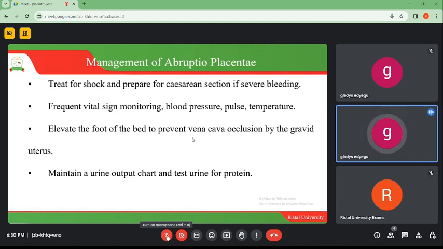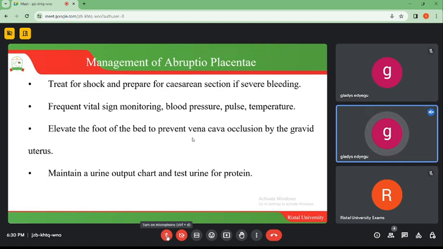Then elevate the foot of the bed to prevent vena cava occlusion by the gravid uterus. So you realize that when the mother is pregnant, the pressure on the abdomen can always compress the vena cava. And the vena cava is the one that provides a lot of blood, or it circulates blood to the vital organs, especially the brain.